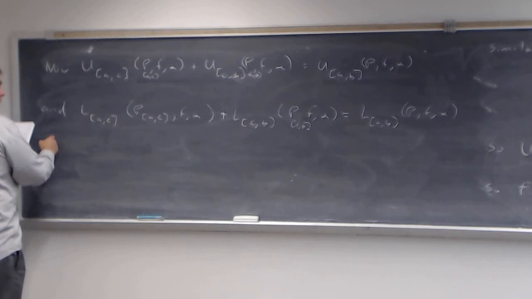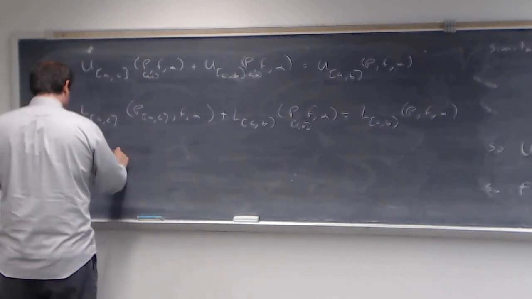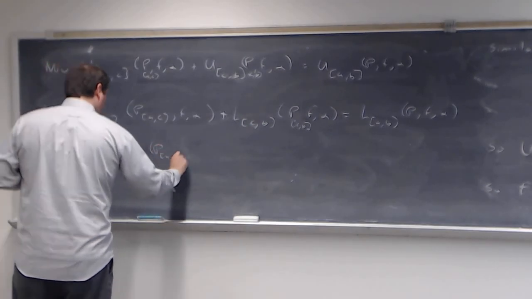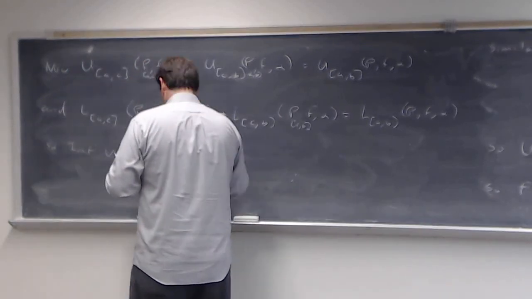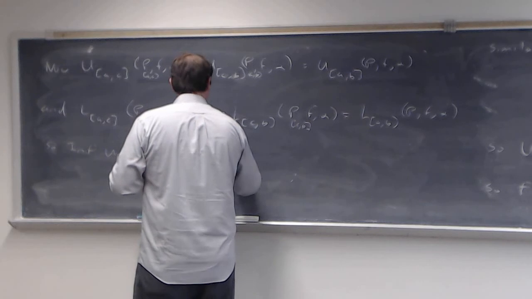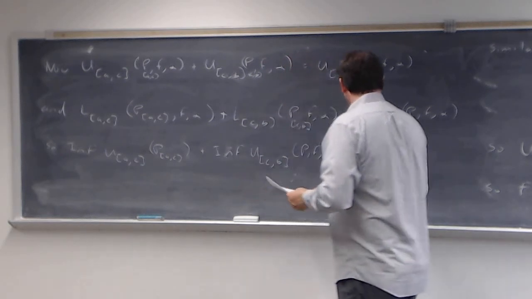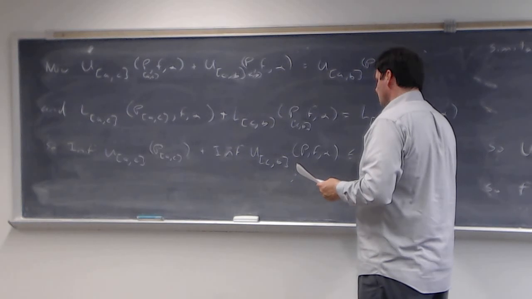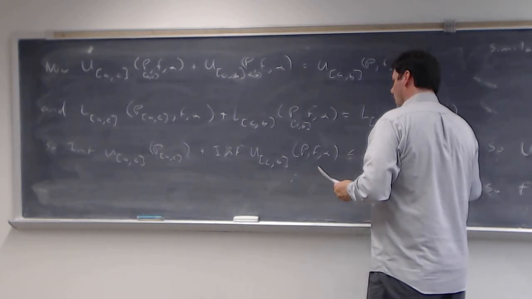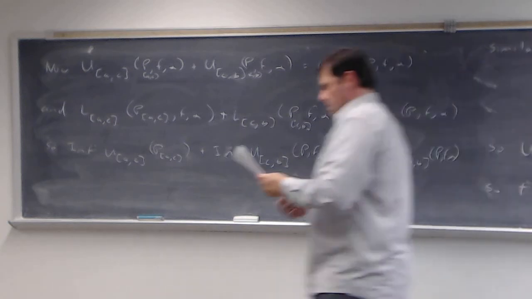And so, the infimum of these guys, of the union, of the upper sums from A to C with these partitions, plus the infimum of these upper sums from C to B. Now that'll be less than or equal to the infimum of these types of upper sums.